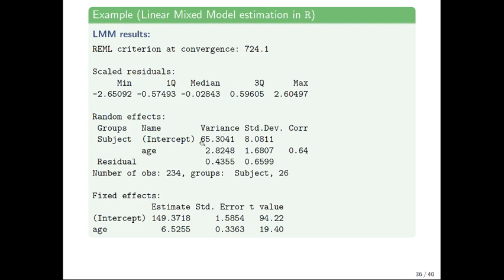The variances and standard deviations of the intercept and slope random effects by subject, we get their correlation and the residual variance. Below that, the number of observations, 234, and the number of groups or subjects, 26. Second, we get the fixed effect block, the estimates, the standard errors, and the t-values, just as we would from a normal linear model, so the usual regression style output.